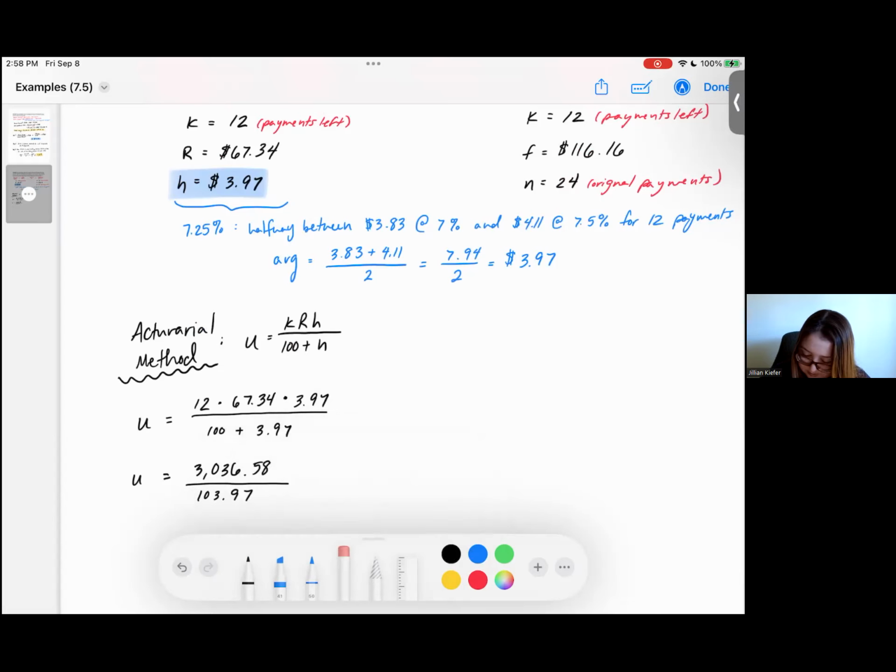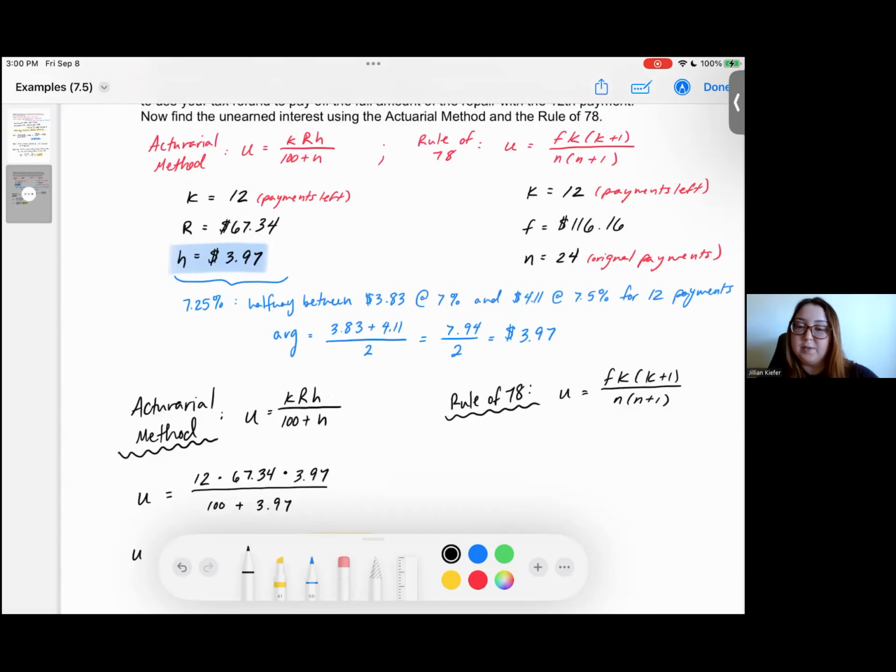So now putting this into our calculator, rounding to the nearest 2 decimal places, because remember this is money, we should end up getting the value of $29.21. So that would be the value of the unearned interest when we used the actuarial method. So now we can go ahead and try out the rule of 78.